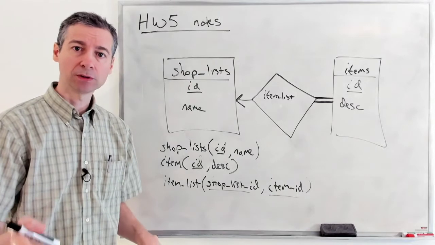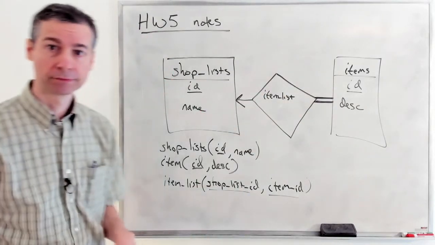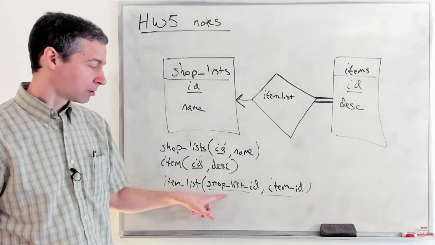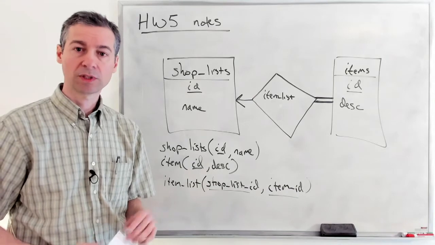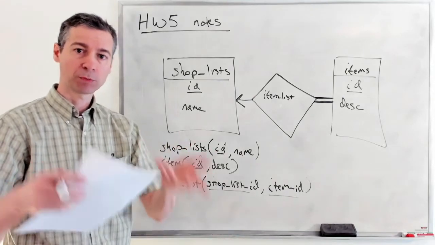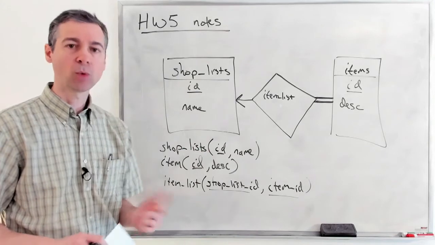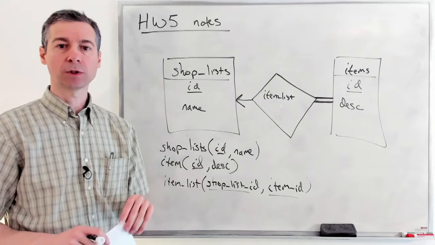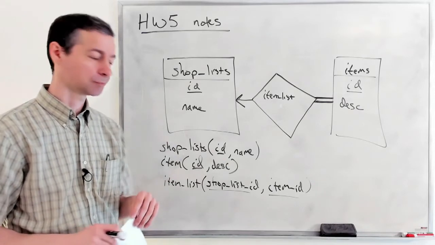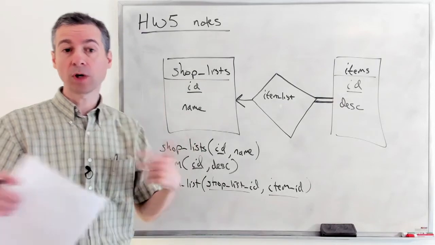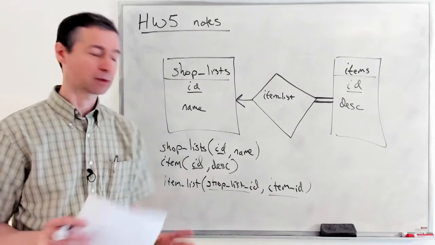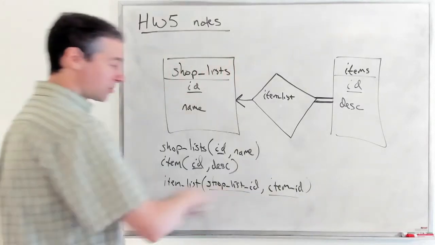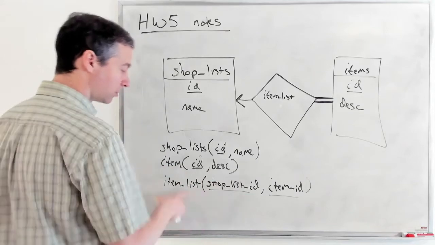But in my example, it's a many-to-many relationship. In a many-to-many relationship, this is what we do. Both of them together form the primary key. In a one-to-many relationship, it's the one side of it that forms the primary key. And in a one-to-one relationship, either one forms the key, if I recall correctly. So that is wrong. So don't do that.